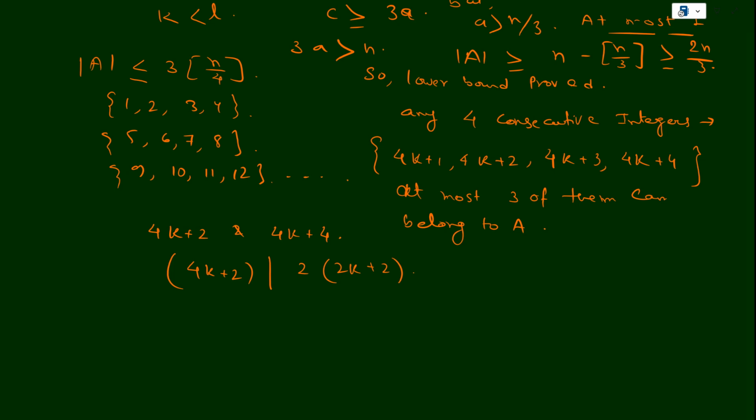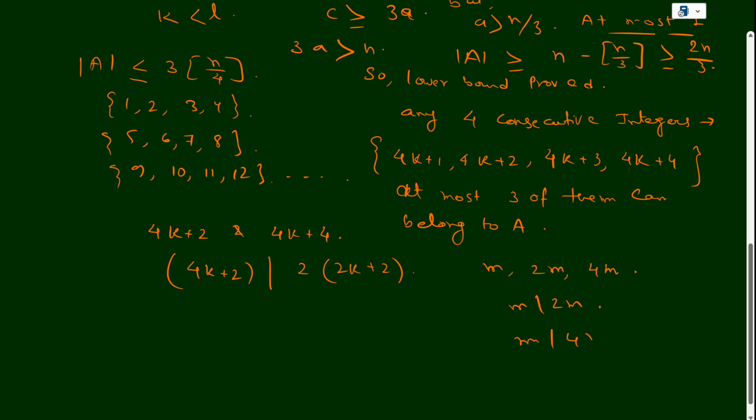So in a clear way, we can say that first observe the numbers like m, 2m, 4m cannot all be present. Why? Because m divides 2m and m divides 4m. So m divides two others. So this is illegal, right? And thus every chain m, 2m, 4m forces an exclusion.